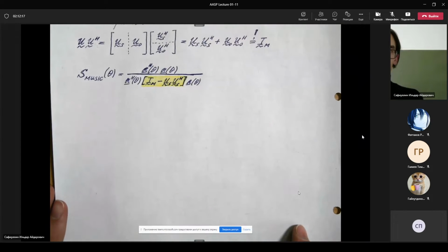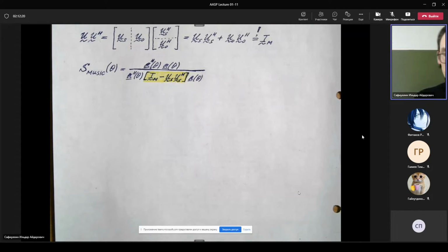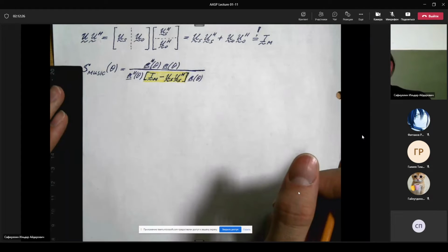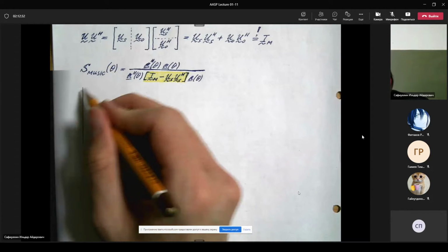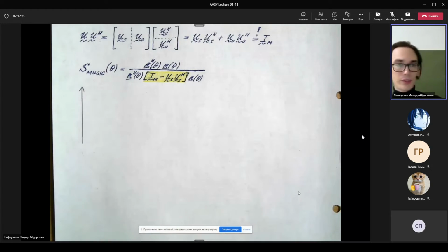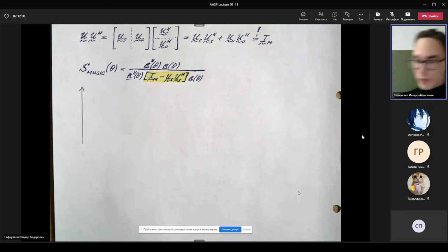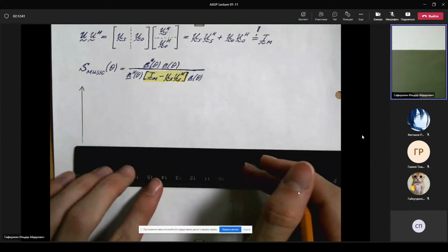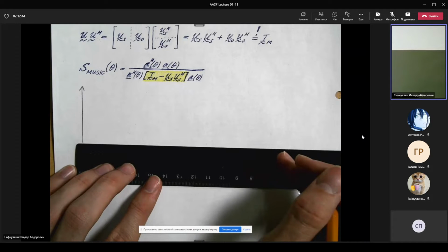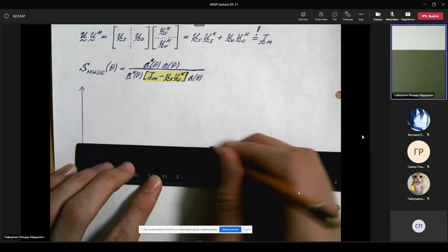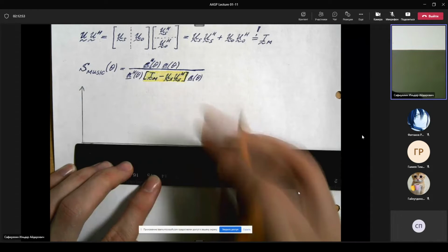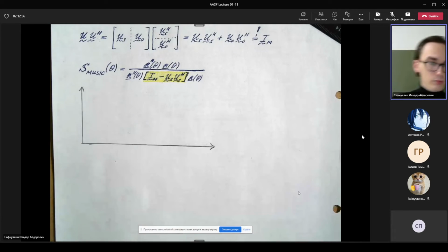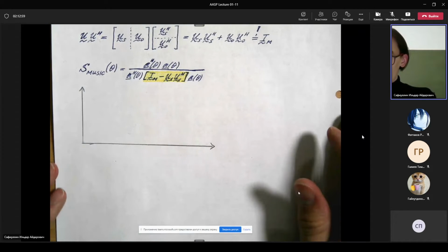Let's show it using a scratch here. For the y-axis, we will have this power, spectral power S subscript MUSIC, which depends on theta. And for the x-axis, we will have theta.